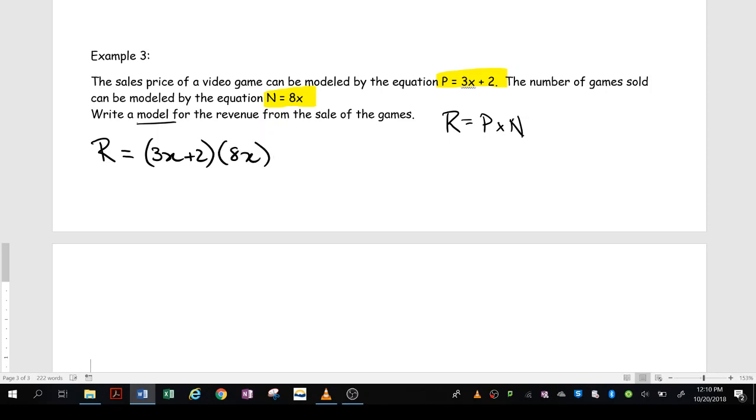Now we're going to distribute, multiplying that out. That gives us 24x squared plus 16x. And that is an equation for the revenue from the sale of the games.